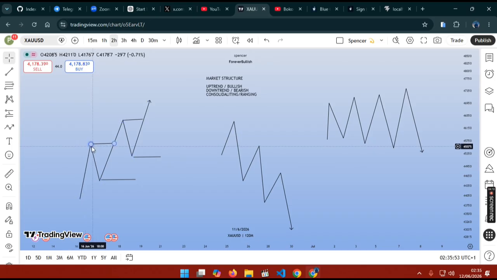Here we have our first high, a higher high. The market comes down to create a higher low, creates another higher high, and comes down to create another higher low.